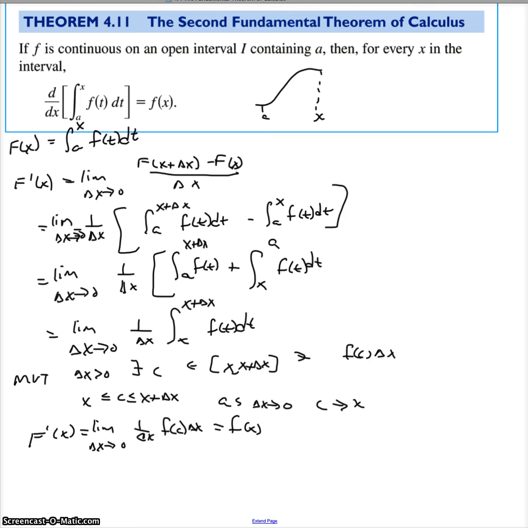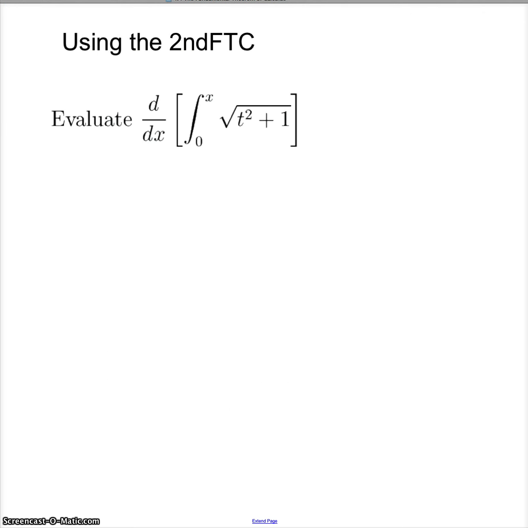Now, let's use the second fundamental theorem of calculus to do some calculus. Evaluate d dx of the integral from 0 to x of the square root of t squared plus 1. Let's put a dt in there so we're mathematically correct. Now, you don't have to do this every time, but let's let f of t equal the square root of t squared plus 1.